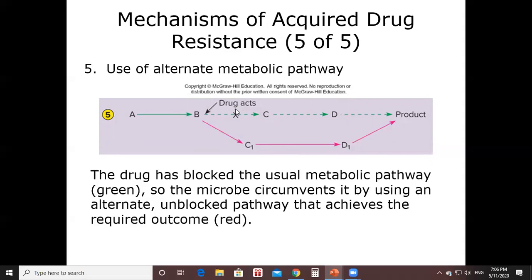So now you have a drug that stops folic acid production, let's say. Well, the bacteria just found a way to go around it and produce the product a different route. And so that's using alternate metabolic pathways.